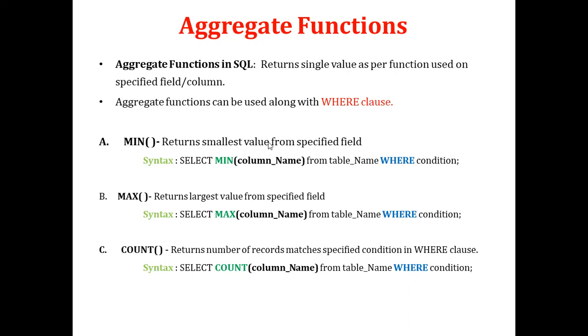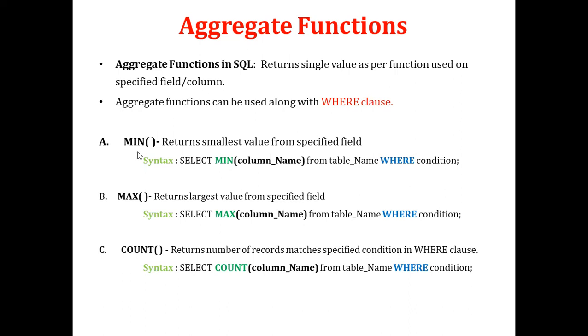It returns the smallest value from the specified field. Whatever the field, or you can say the column, you have specified, out of that, the minimum value is returned by this aggregate function. What is the syntax for this one? Obviously, you write select. Instead of writing star or the column name, right now we have to first mention the aggregate function.